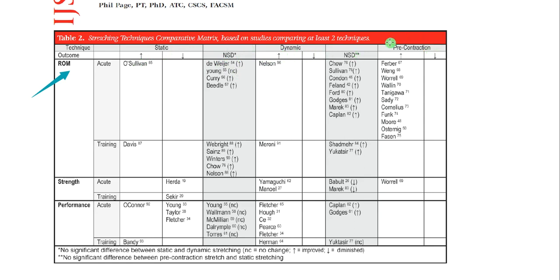However, what happens when you compare pre-contraction, or what a lot of people would say PNF stretching, as compared to dynamic or static stretching? And what you see here is no significant difference right there.